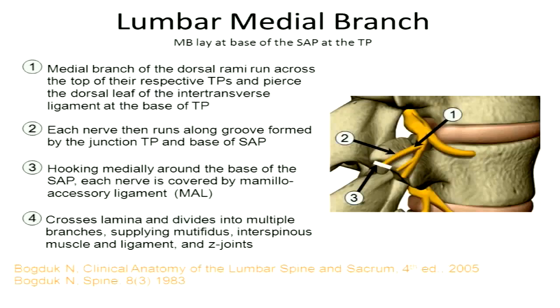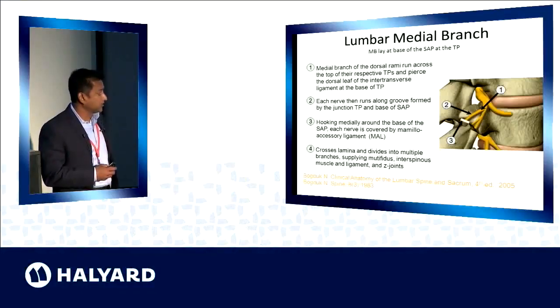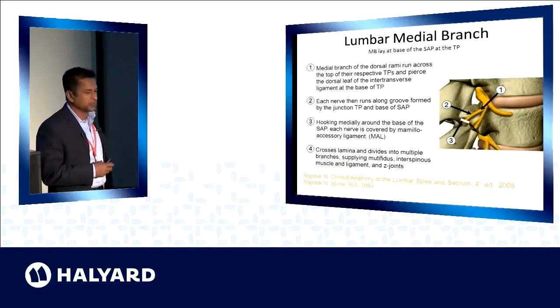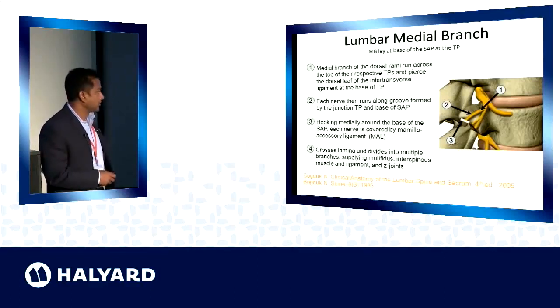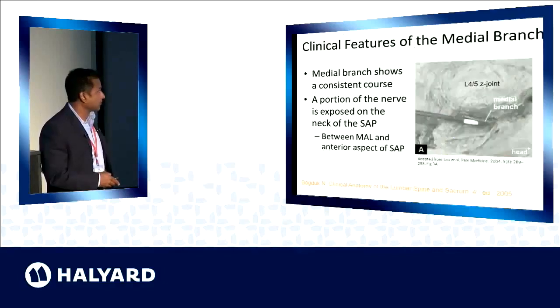Hooking medially around the base of the SAP, it is covered by the Mamillo-Accessory Ligament, which is relevant in terms of where you're going to do the lesion. So the MAL would cover the nerve right at this point here, and then it crosses the lamina and divides into multiple branches, supplying the motor for the multifidus and interspinous muscles.